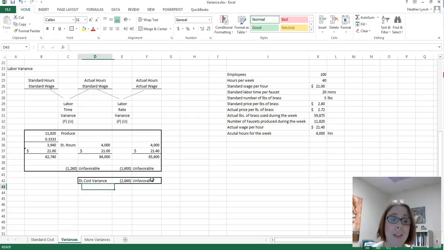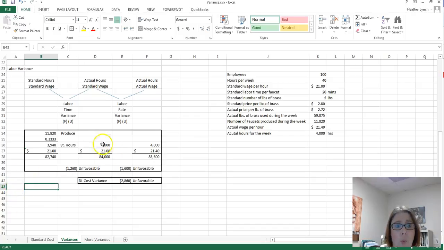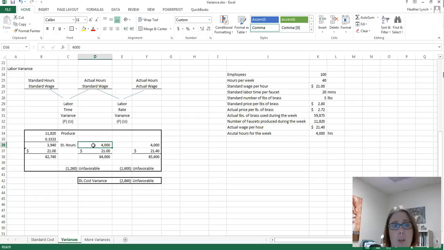Again, this may or may not necessarily be a bad thing. Yes, we went over by 60 hours, and our wage was 40 cents higher than what we anticipated. But this helps the production manager see why we were at 4,000 hours versus 3,940.